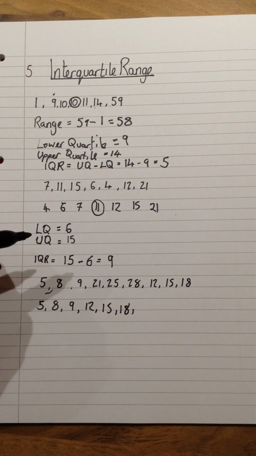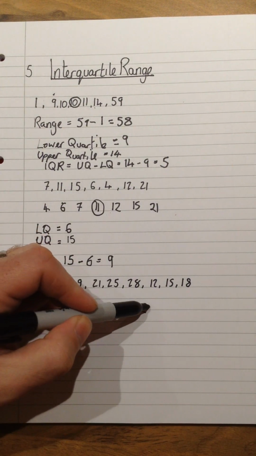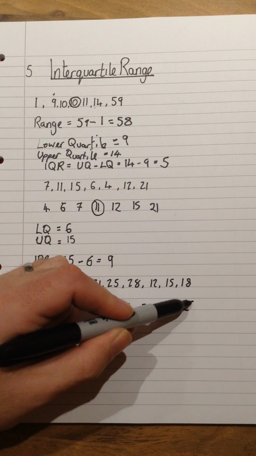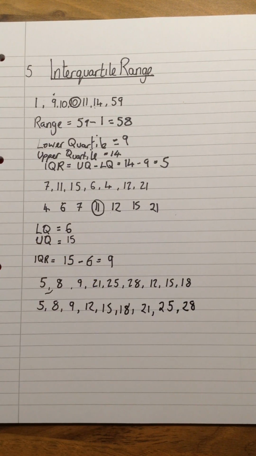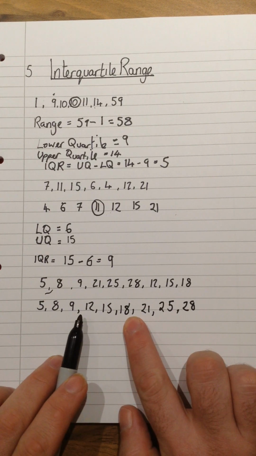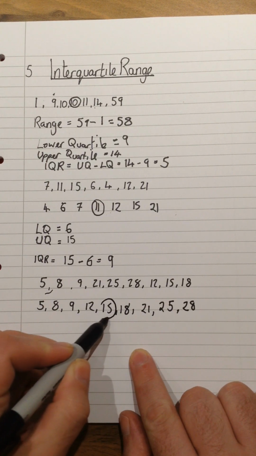So getting these numbers in order, hopefully a little bit neater in your books than mine, we get something that looks like that. To start off with, we look for the median. So the middle number here, using the same idea as before and going into the centre, the median here is 15.